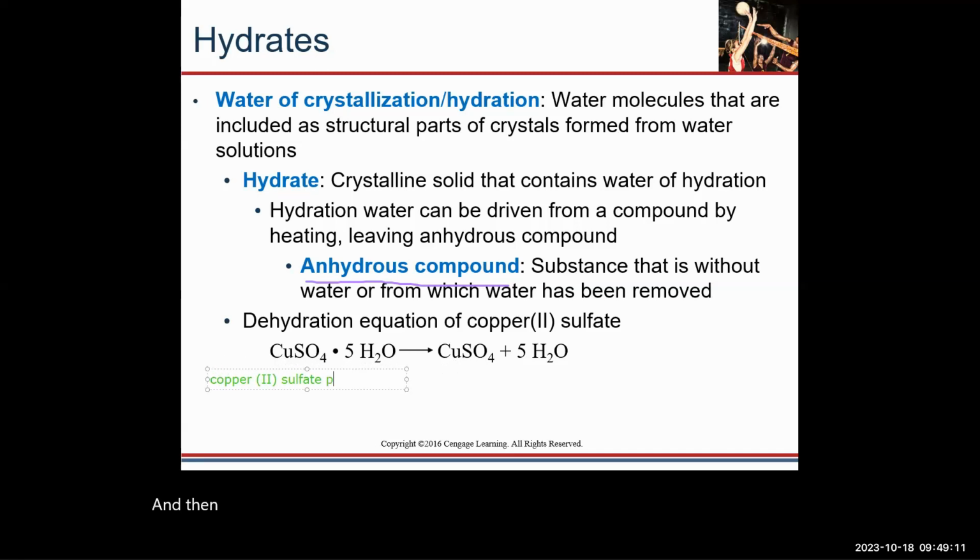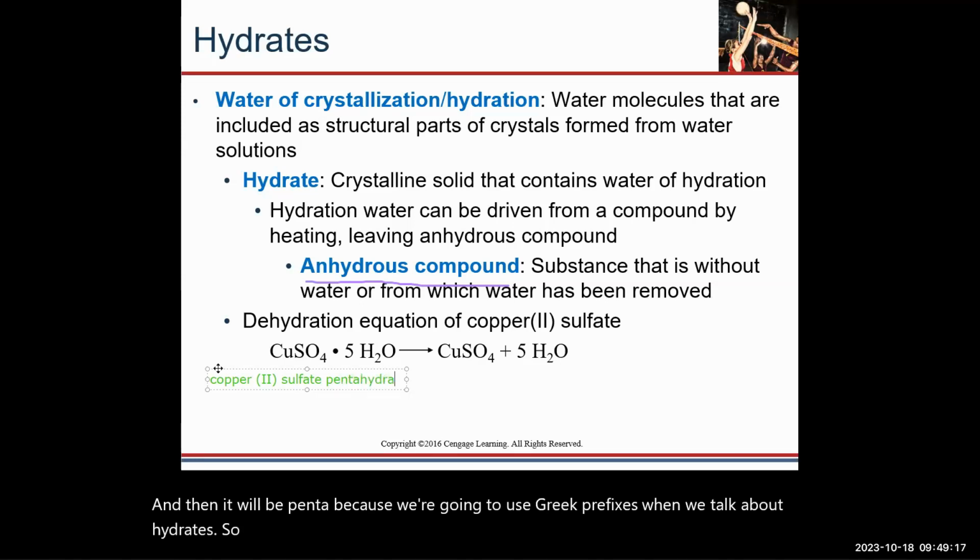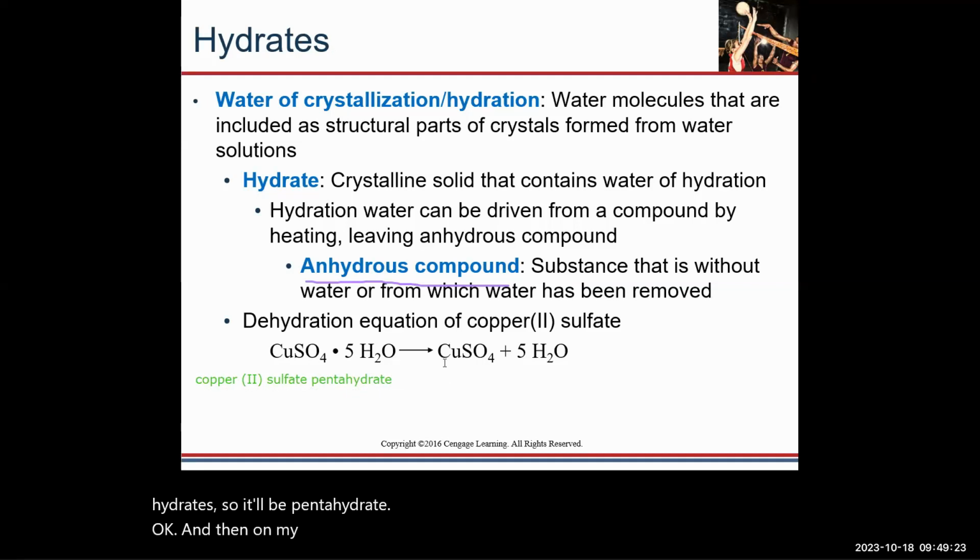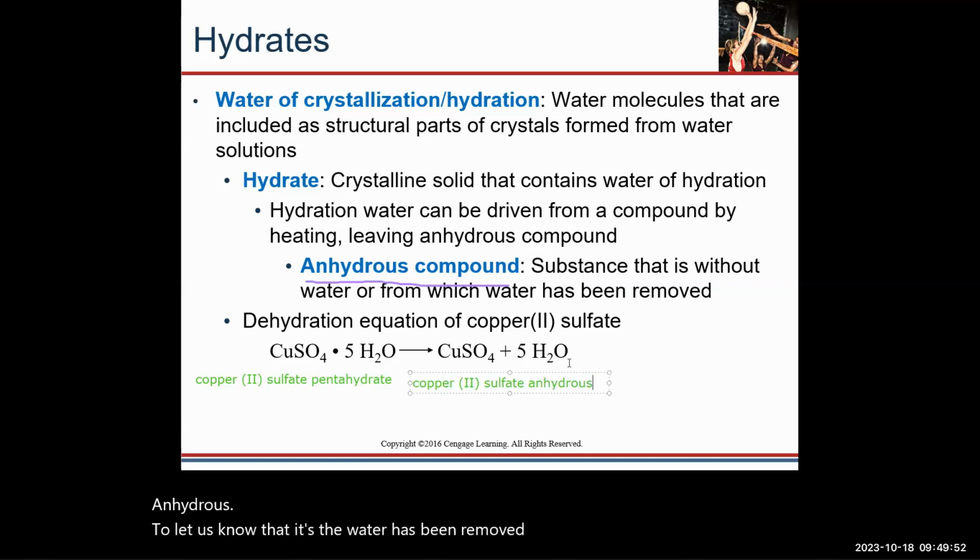And then it would be penta, because we're going to use Greek prefixes when we talk about hydrates. So it'll be pentahydrate. Okay. And then on my product side, this would be called copper 2 sulfate anhydrous, to let us know that the water has been removed from it, and so the water is independent.